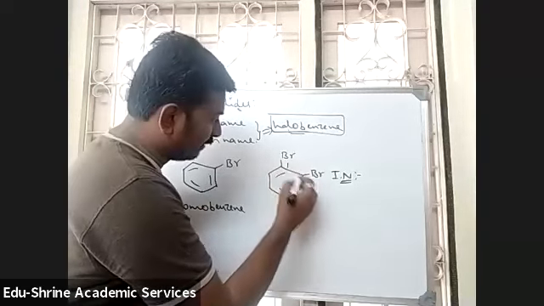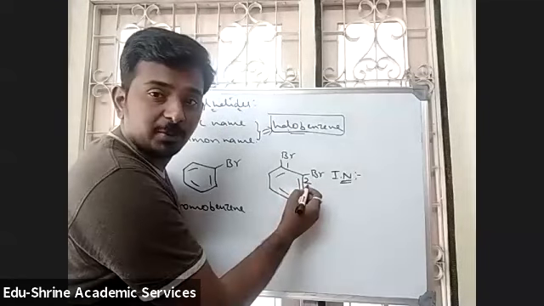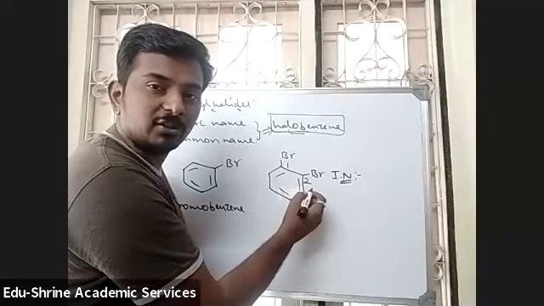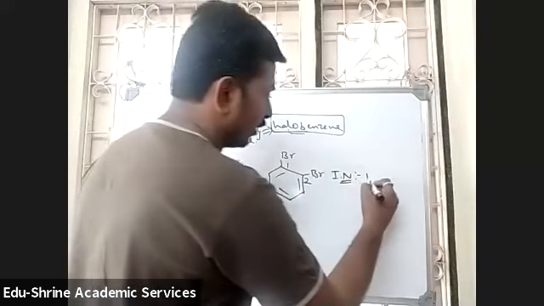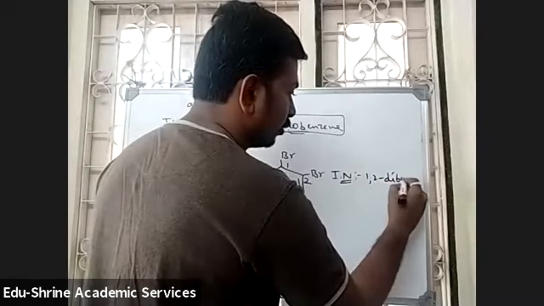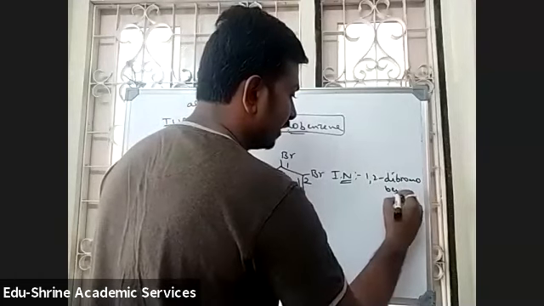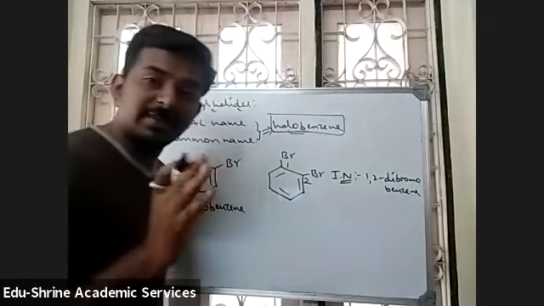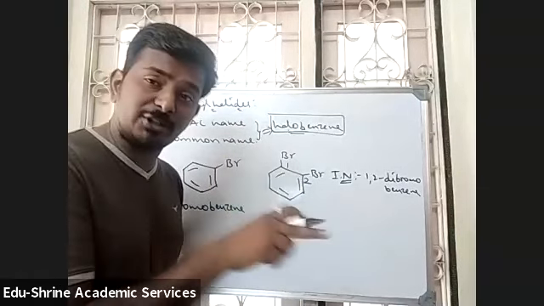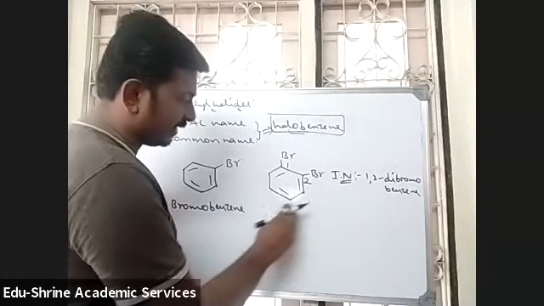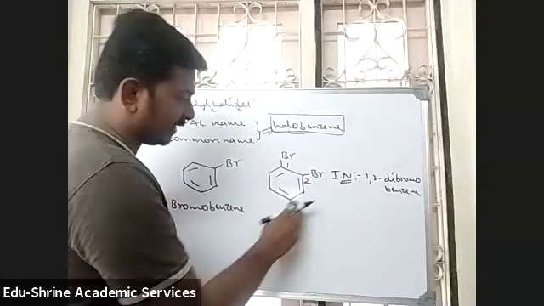If I start numbering from here, then this must get the lowest possible number. So the IUPAC name is 1,2-dibromobenzene, not 1,6. Two halogens present at adjacent positions must always get the lowest possible number. If you number from the other side, you will get 5 here, so this way you get 2. So 1,2-dibromobenzene is the IUPAC name.